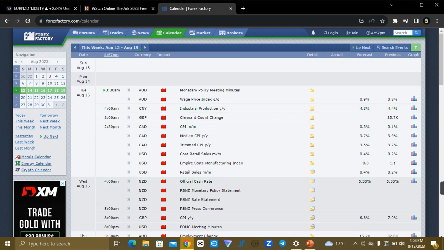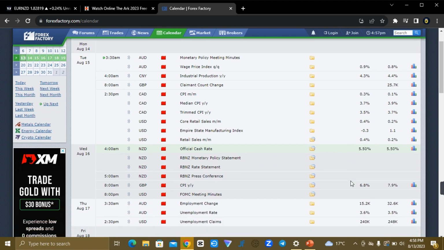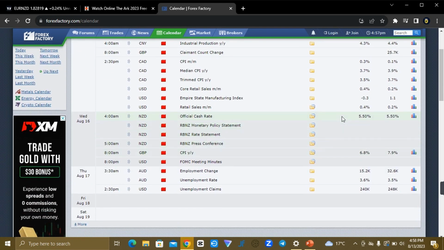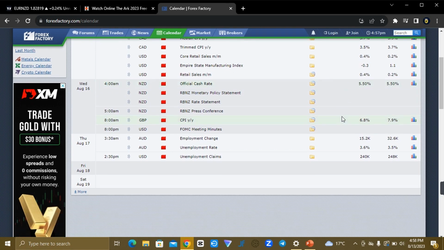This is the previous and then this is the forecast, which means that it is anticipated that it is going to stay the same on hold. Then at that time we will be seeing the actual, which is going to determine how the New Zealand dollar is going to react. Is it going to gain strength or is it going to lose strength? That is on Wednesday the 16th.